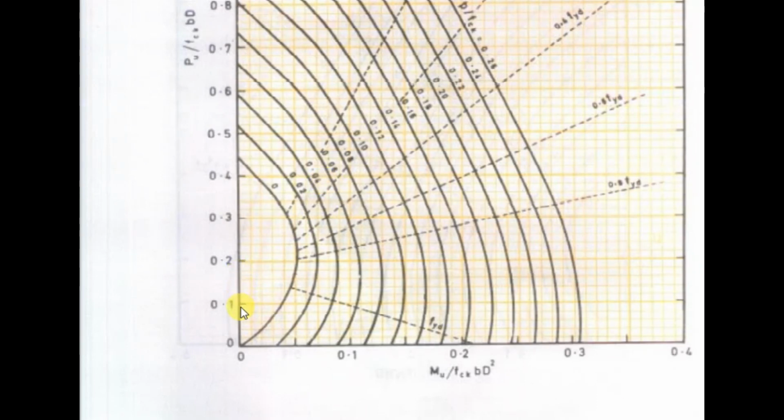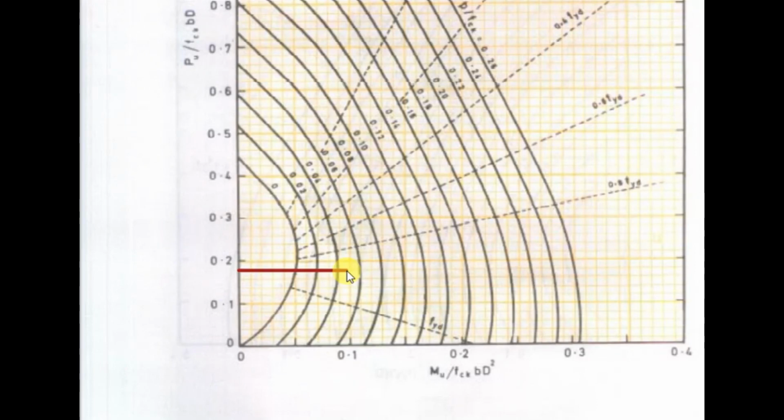Let me draw the line. PU by FCK BD value is 0.19, so this one needs to go and touch here. This is 0.04, and in the middle between these two it should be 0.05.